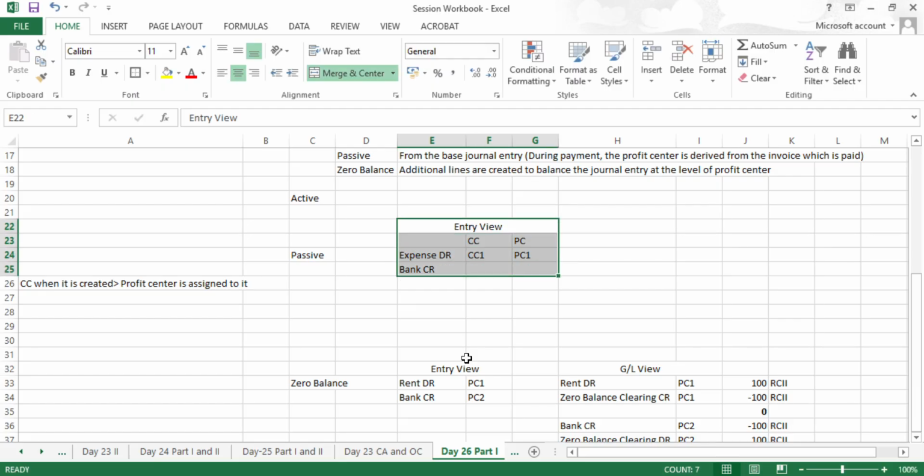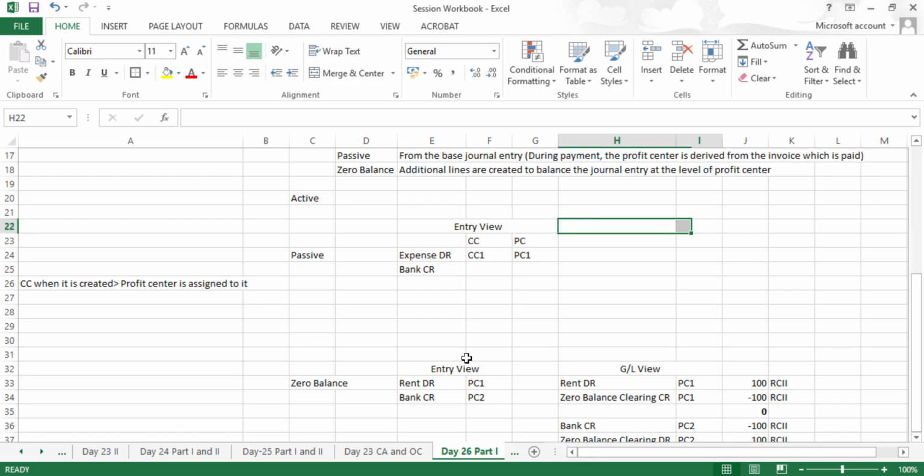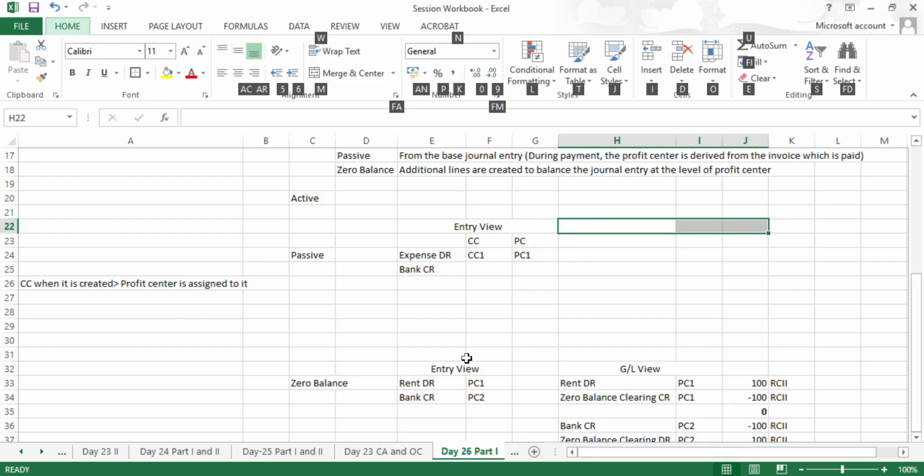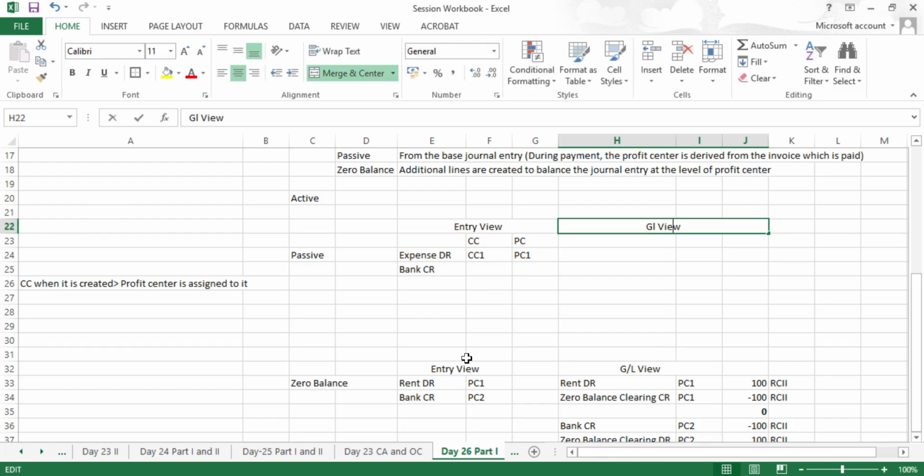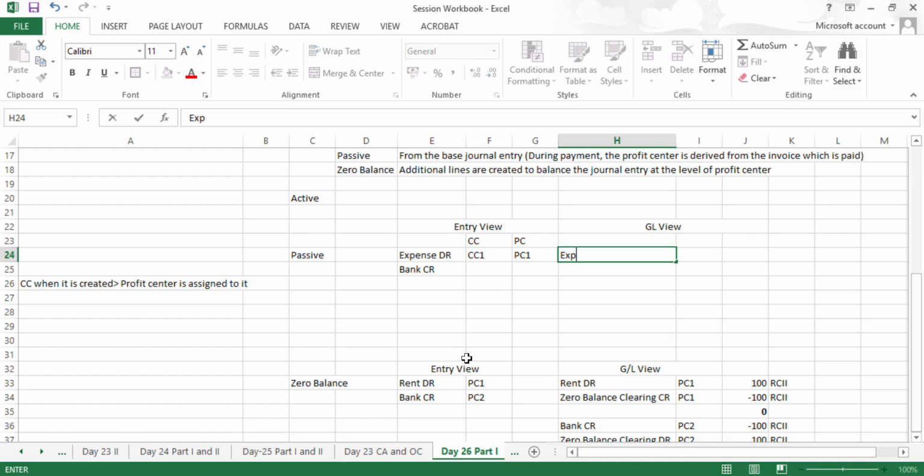What happens to this invoice entry in the GL view? The expense becomes debit, bank becomes credit. It has a cost center 1 and profit center derived from the cost center as PC1, and the bank takes the profit center from line 1.